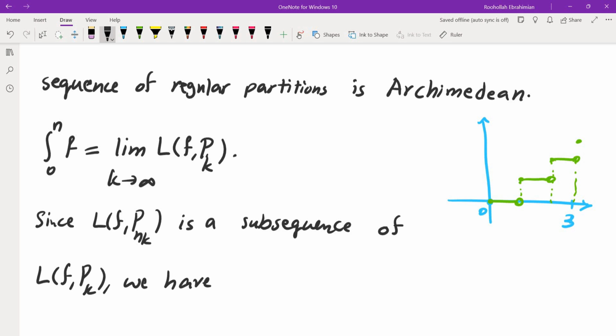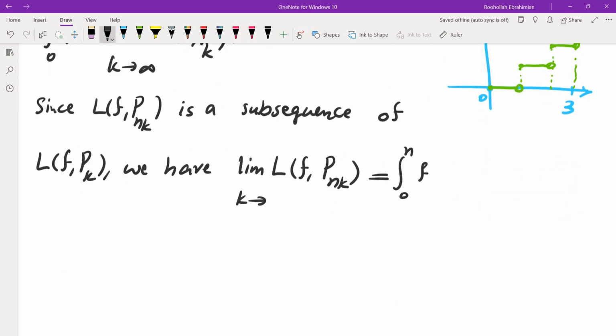We have that the limit of lower sum of p sub nk is in fact the integral from 0 to n as k approaches infinity. Now we will have to evaluate these lower sums of f over this pnk, and that's not very difficult.